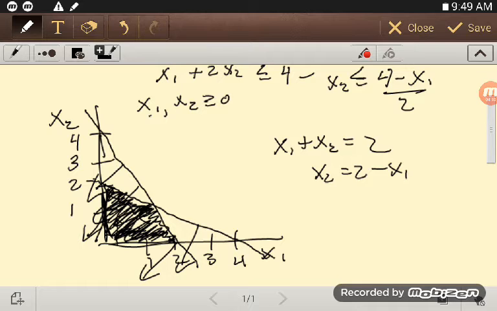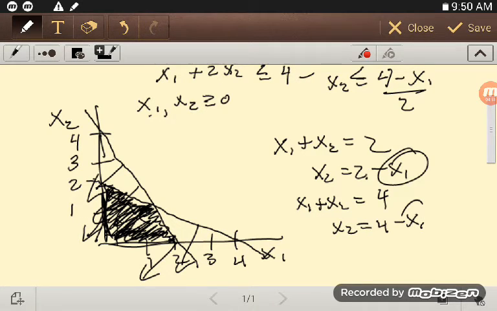That's just a straight line function, y-intercept 2, slope -1. But notice, if I say x1 plus x2 equals 4, then I will have x2 equals 4 minus x1. Notice, same slope, different y-intercept.